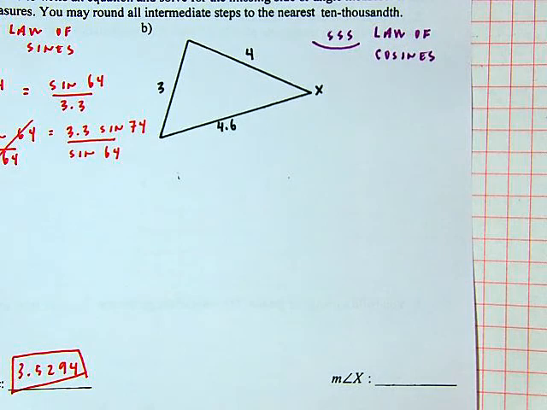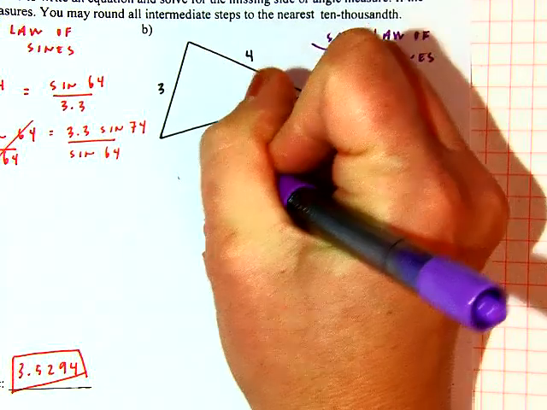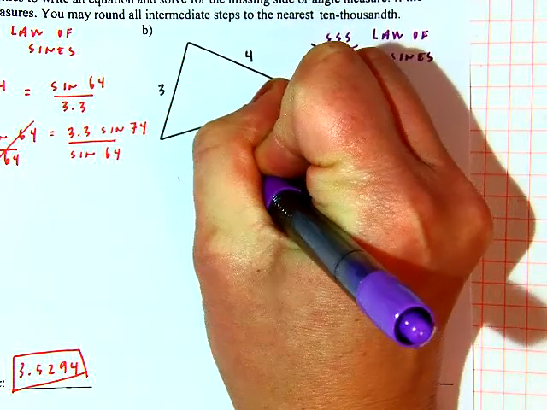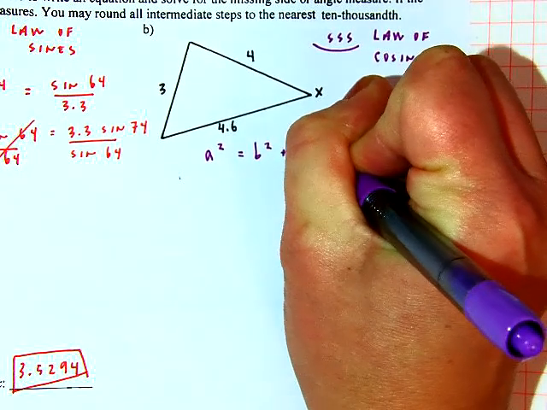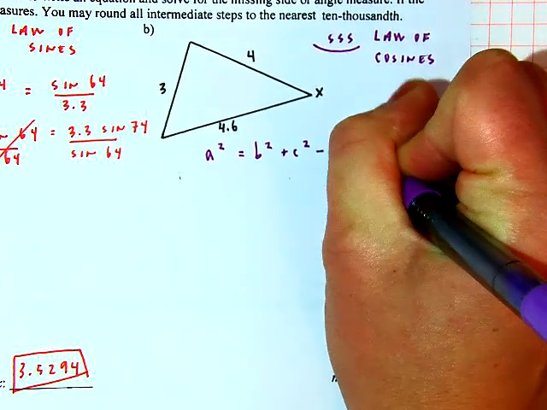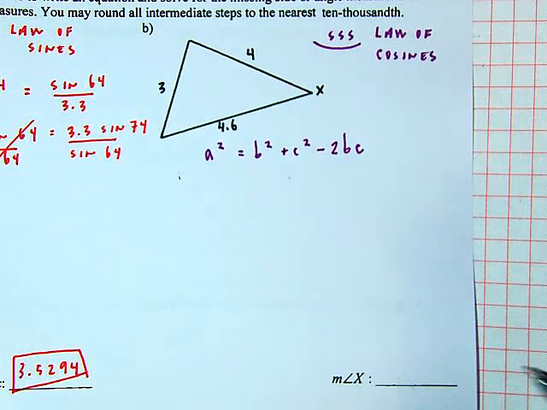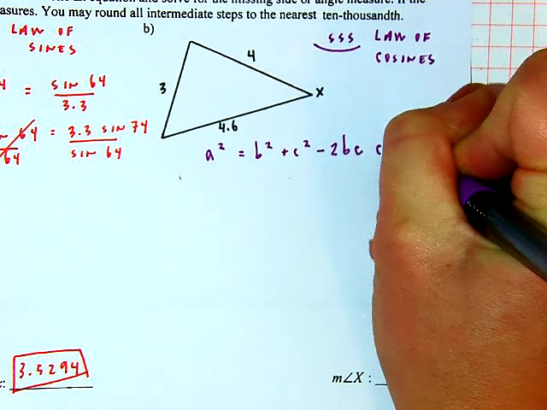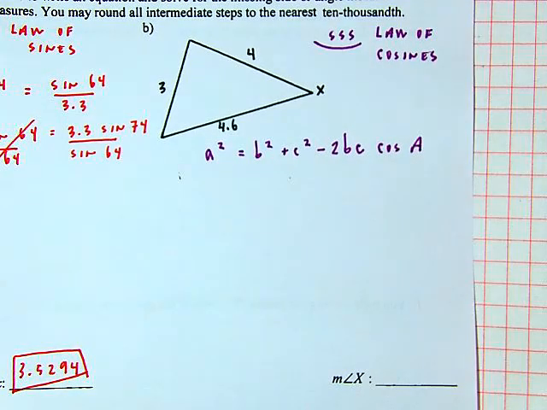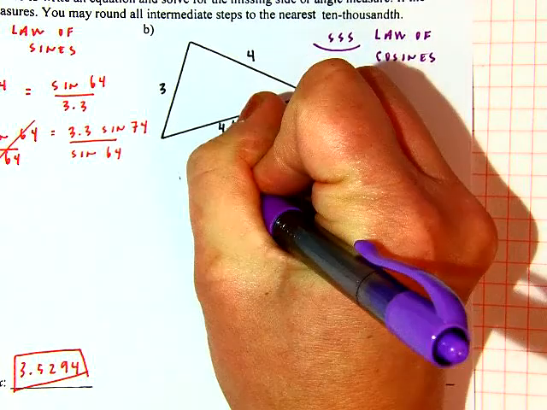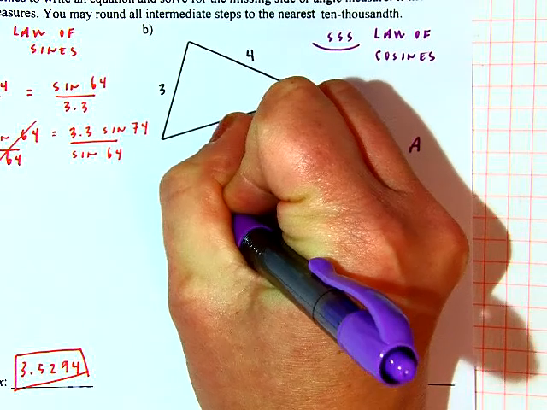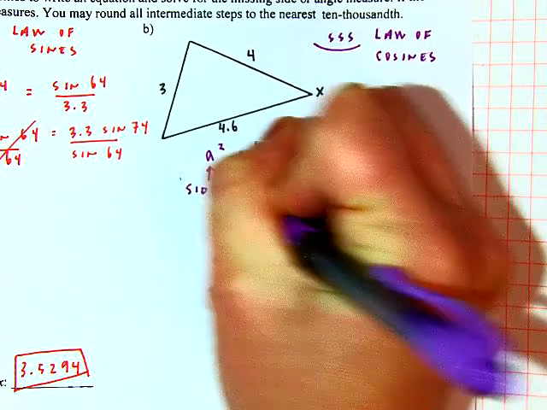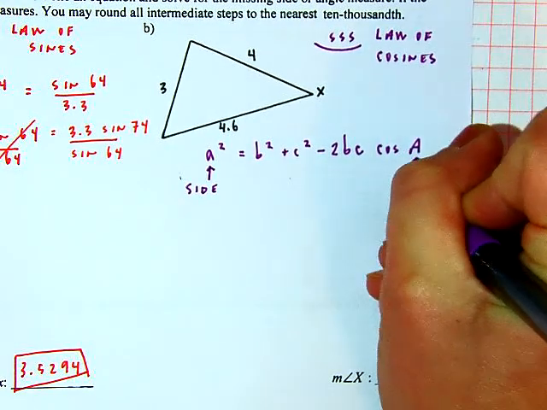All right, so to remind you of that rule, let me write it out first. A squared equals b squared plus c squared minus 2 times b times c times cosine A. And whenever we're solving for the law of cosines, we are either solving here for a missing side or here for a missing angle.